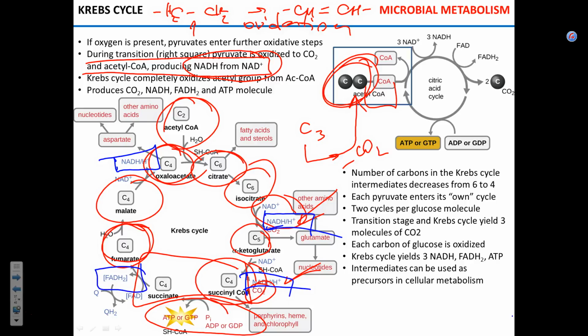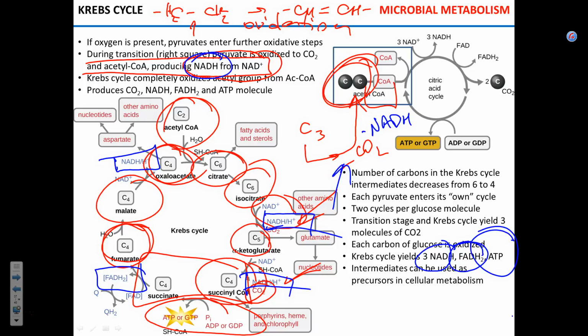So during the Krebs cycle itself, 3 molecules of NADH and 1 molecule of FADH2 are produced. And also, you have another NADH molecule produced during the transitional step. Does that make sense? Okay. So the transitional step gives you NADH. The Krebs cycle itself: 3 NADH, 1 FADH2, 1 ATP.